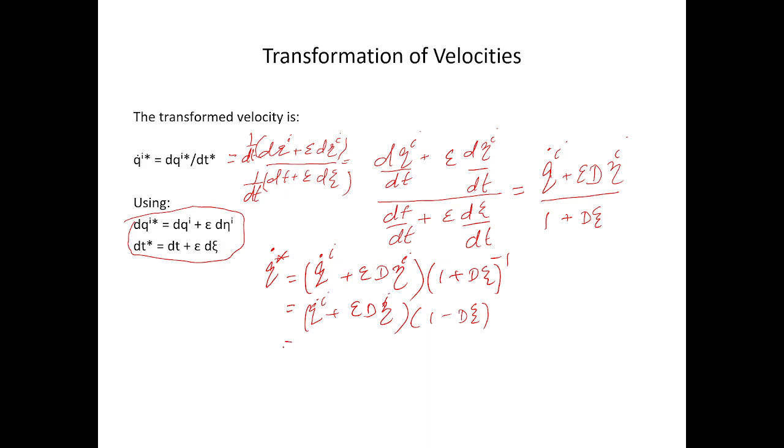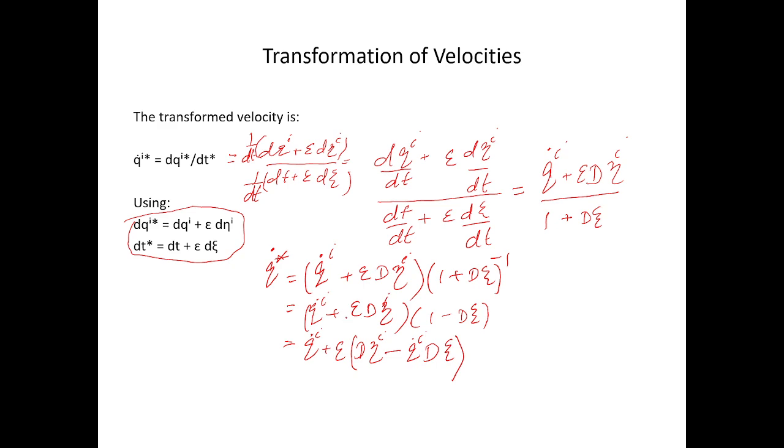Now multiply. We get q i dot plus epsilon, taking epsilon common because it appears in two terms: the first term is 1 times the second term, that is D eta i, and then this one with that one, with a minus sign, q i dot D xi.